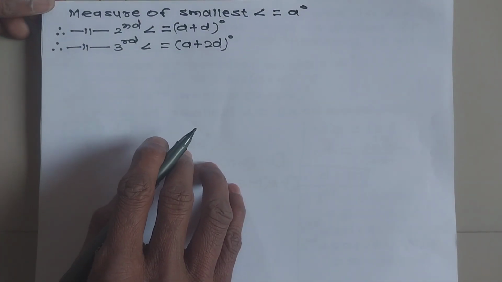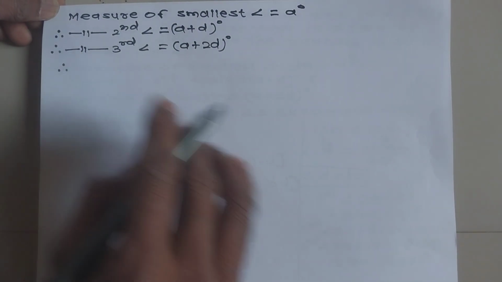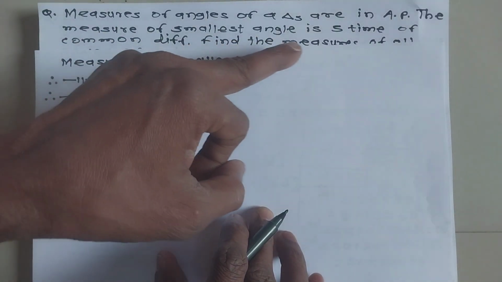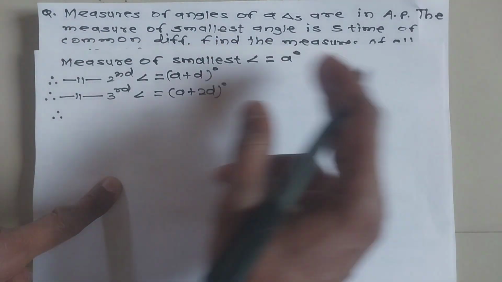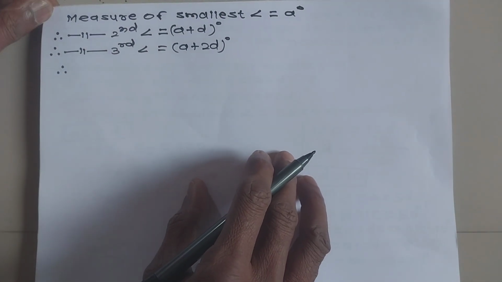Now here we have given: the measure of the smallest angle is 5 times the common difference. 5 times the common difference means what?